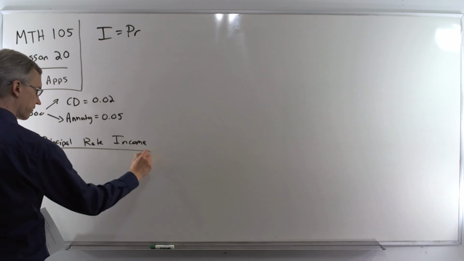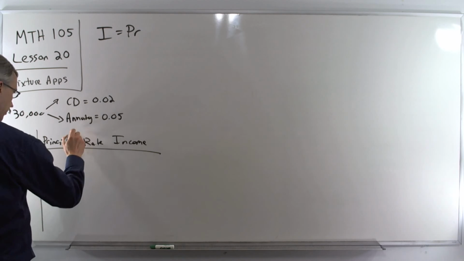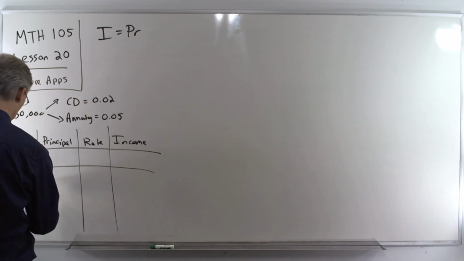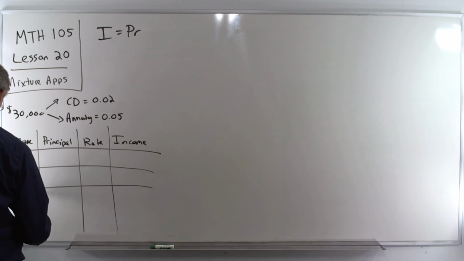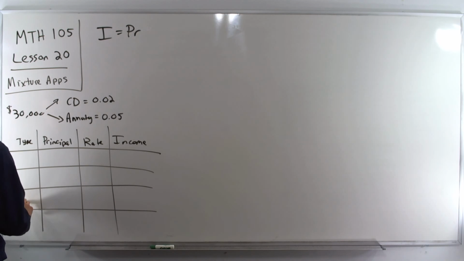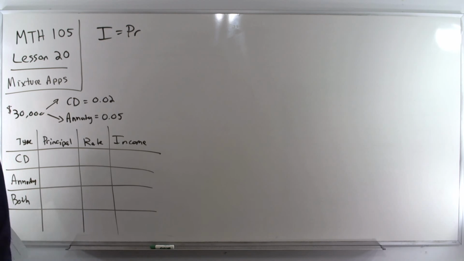So we use a slightly different version of the table, pretty close though. So you have a row for the CD, a row for the annuity, and a row for both. That's kind of like the mixture.